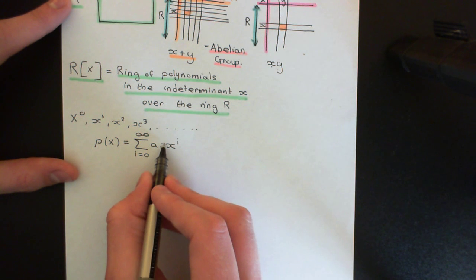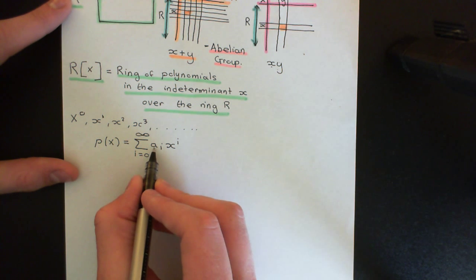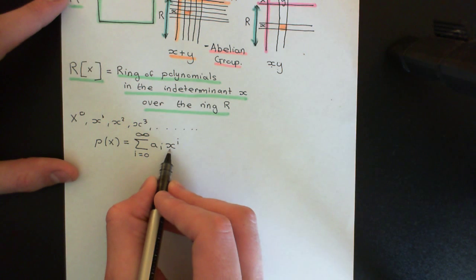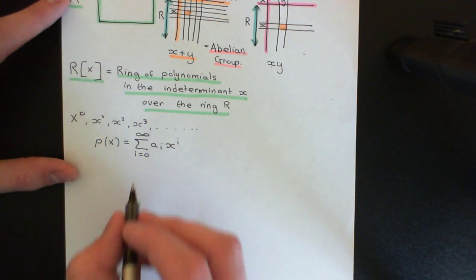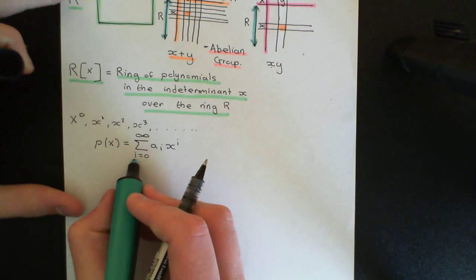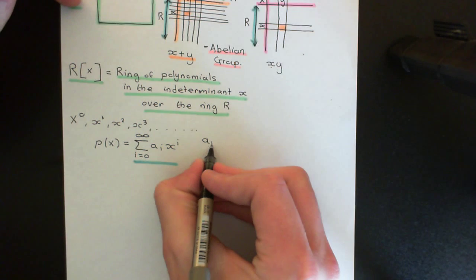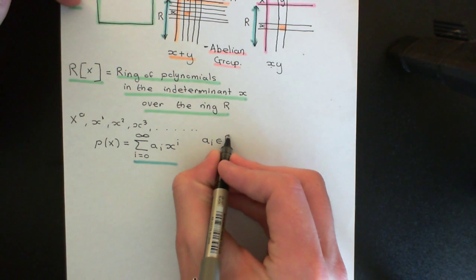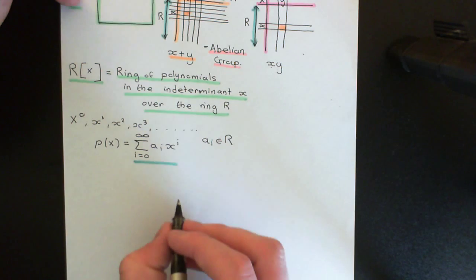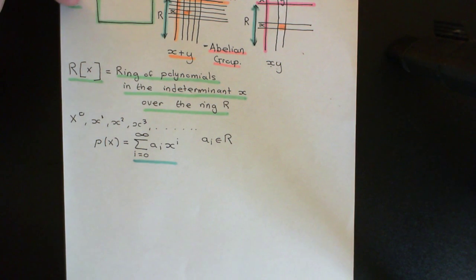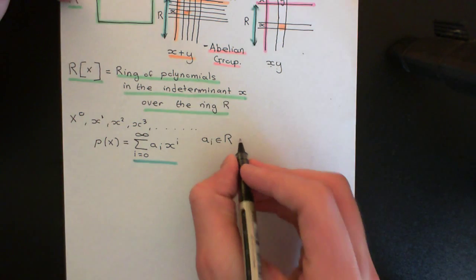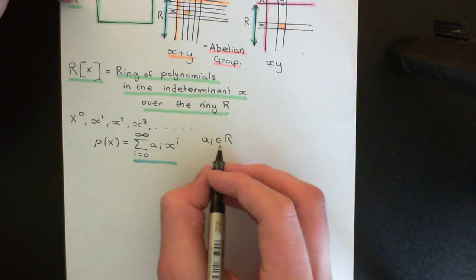But again, you probably shouldn't view that as times. Just view it as putting the a_i next to the x^i in this way. This is what these are going to look like. All of these a_i are going to be from the ring capital R. And here's an important point: I only want a finite number of these to be non-zero.